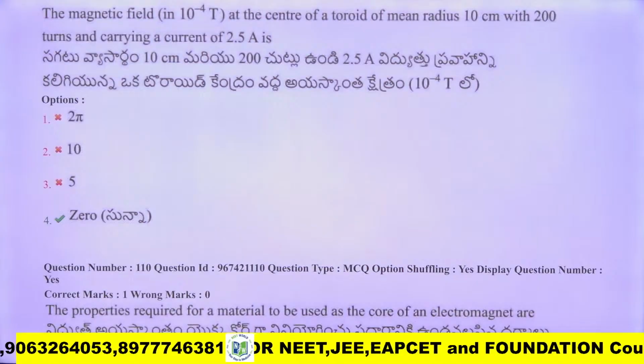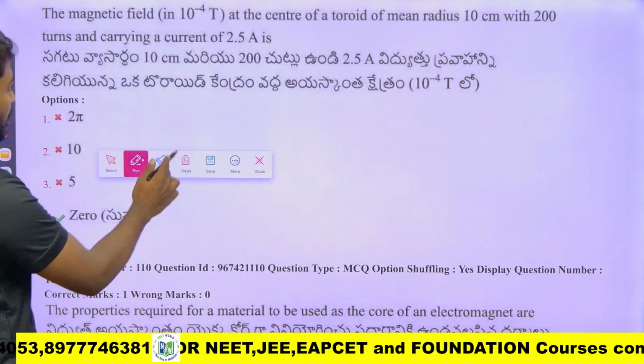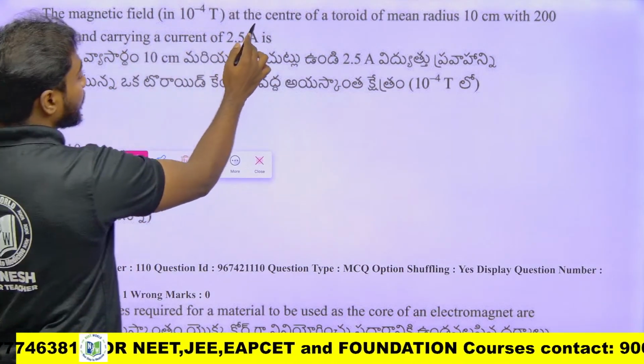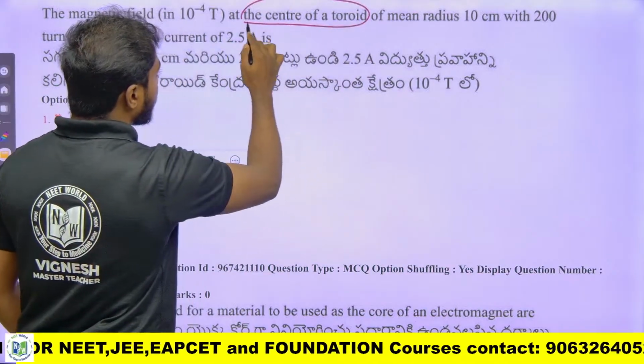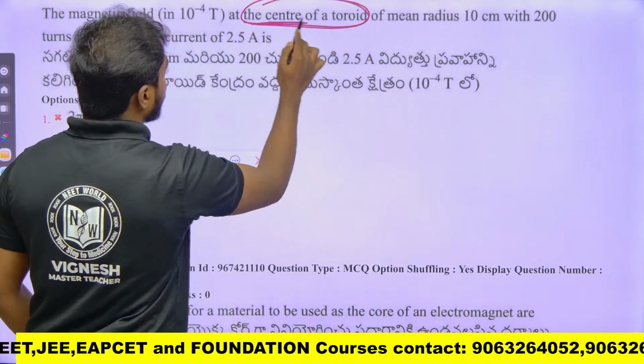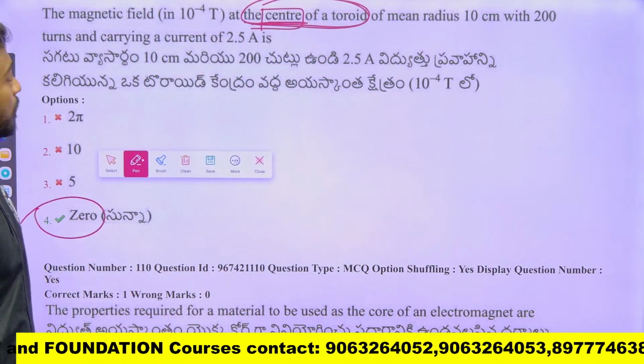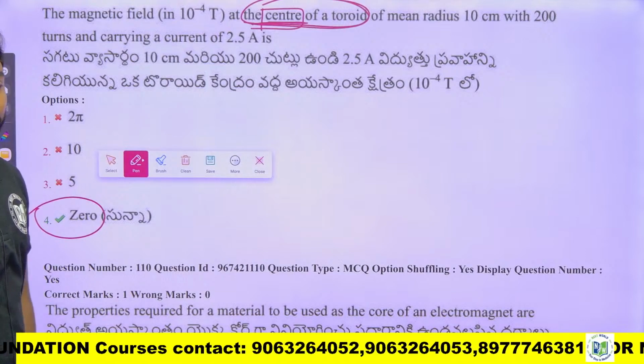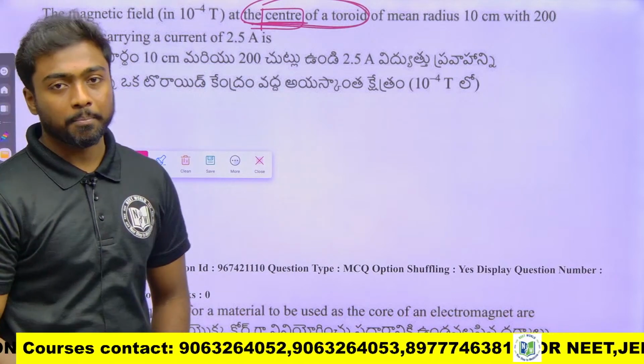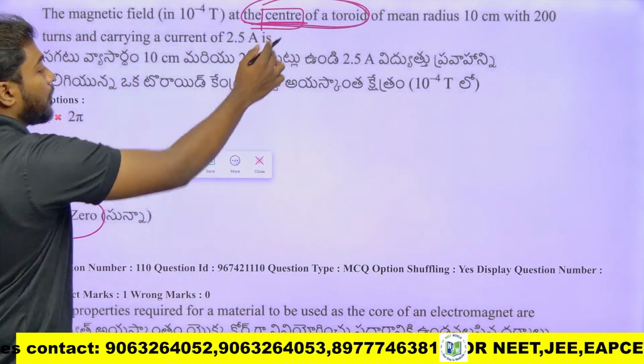The magnetic field at the center of the toroid, center means obviously it is 0. You can answer directly if it is asked at the center of a toroid.